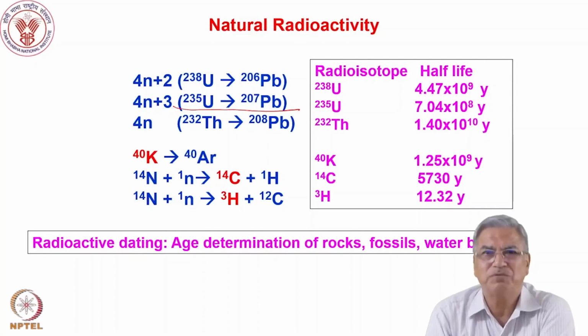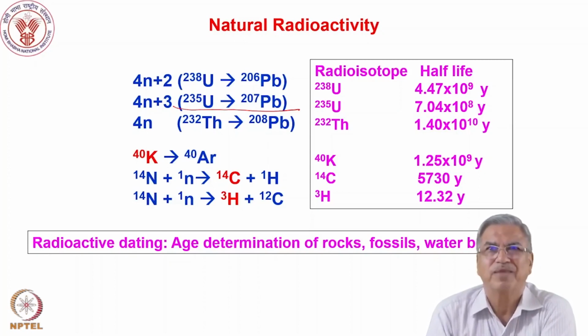It's only 0.7% now in natural uranium, because its half-life is one order of magnitude less than uranium-238. So it has decreased much more than uranium-238, and it is decreasing faster. When the Earth was formed, the uranium-235 content must have been quite high. This may have been of the order of uranium-238.